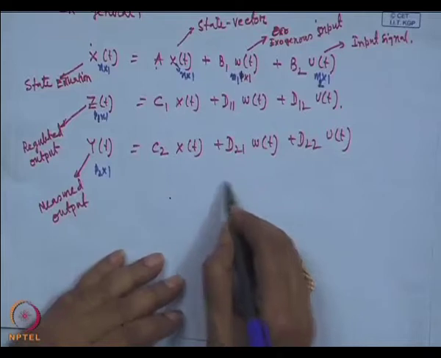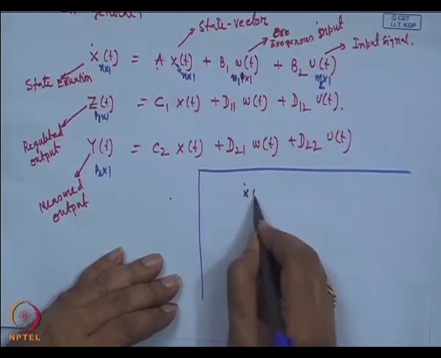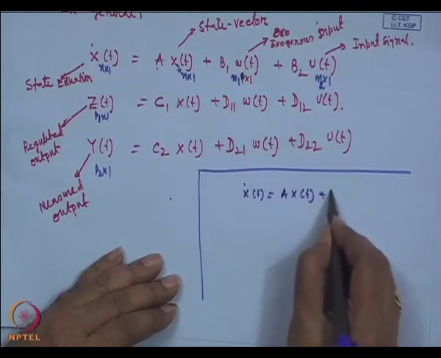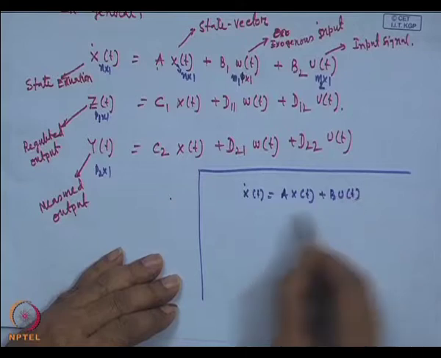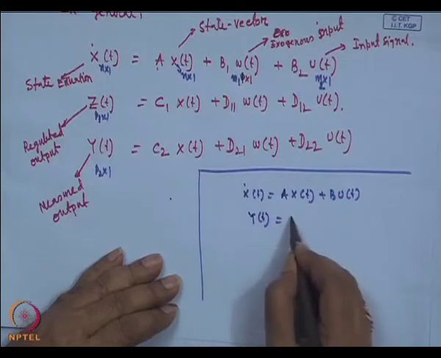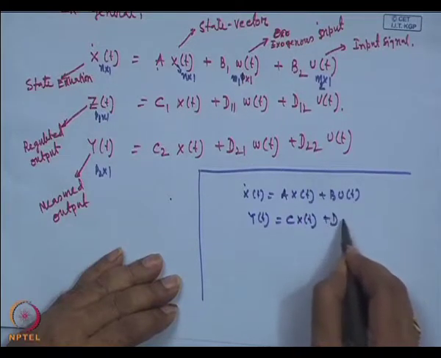Okay. So, if you recollect this one, I am just telling you this. Suppose we have a system x dot is equal to a x plus b u. I am just recalling this expression, please recall how to find the transfer function from the state space equation.